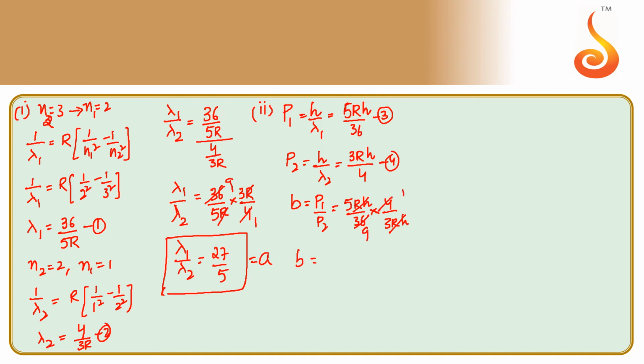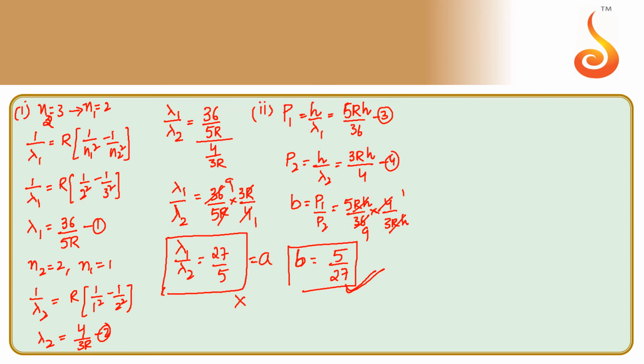So B will be 5 by 27. So B is equal to 5 by 27 is correct, but A is equal to 27 by 5 is wrong. And we also need to calculate the energy.